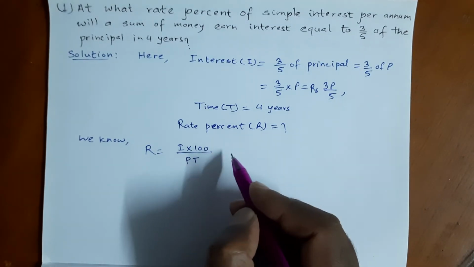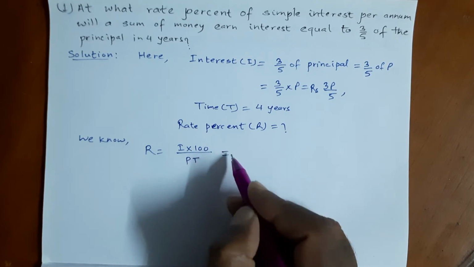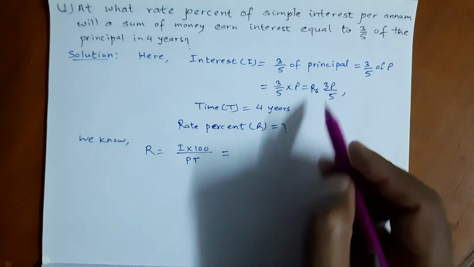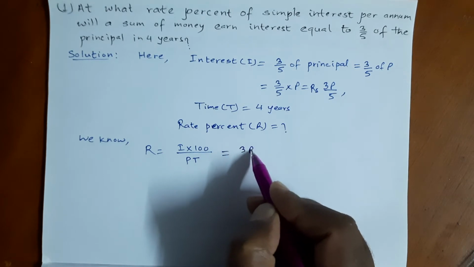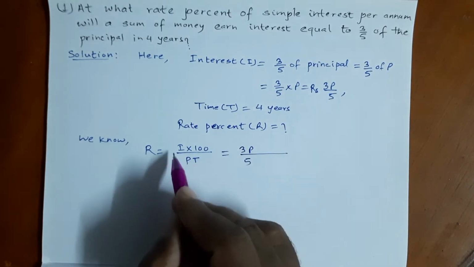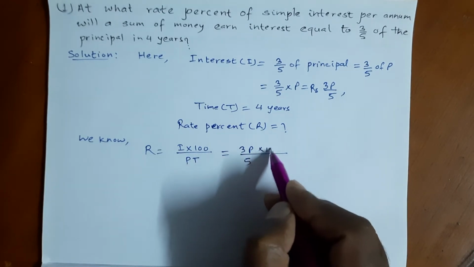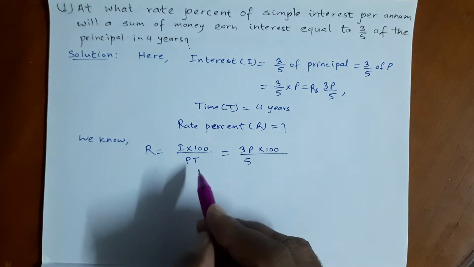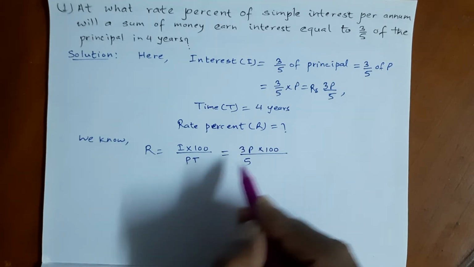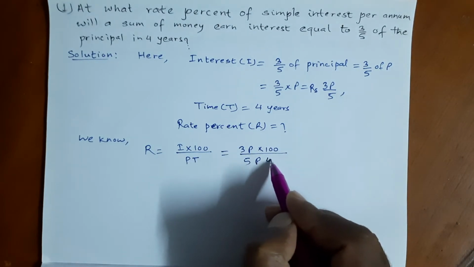So in this we can substitute the value of I, which is 3p over 5. So r equals 3p over 5 times 100 over p, and time t equals 4.